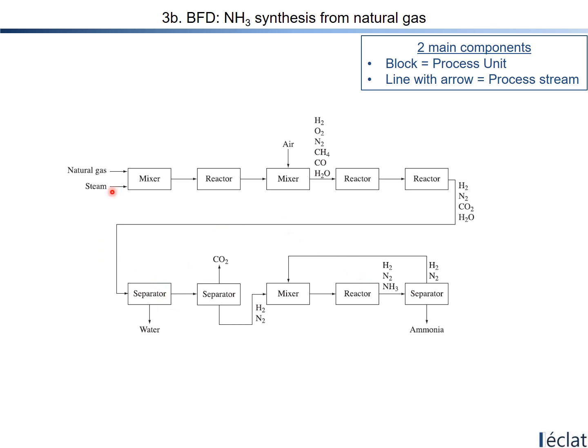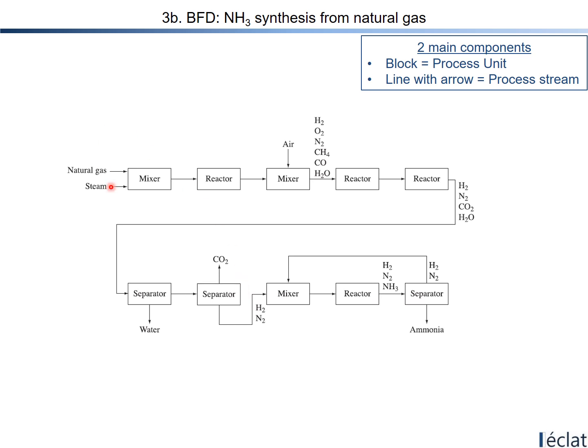This is about the ammonia synthesis process, and this is the main reactor for making ammonia using hydrogen and nitrogen. But you can find a lot of units involved in this process. Before the reactor, we have a lot of steps, and those units are for generating hydrogen and also getting nitrogen.